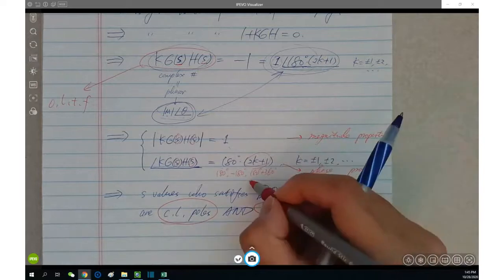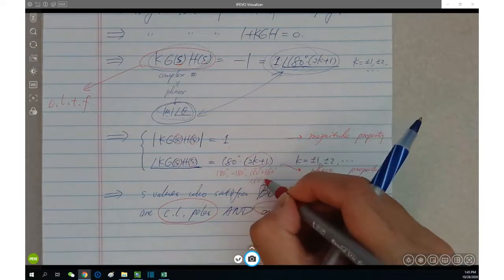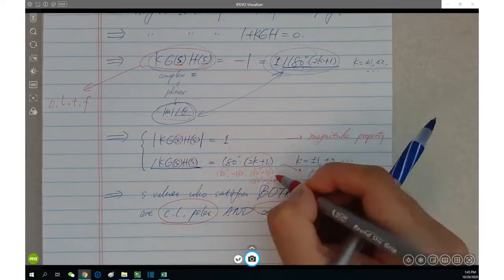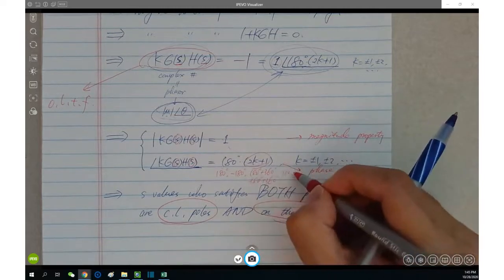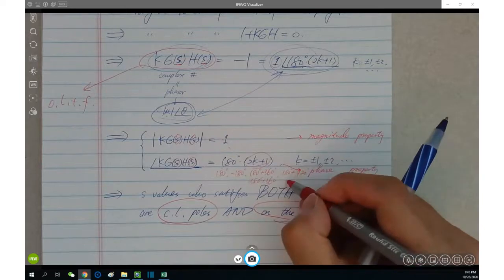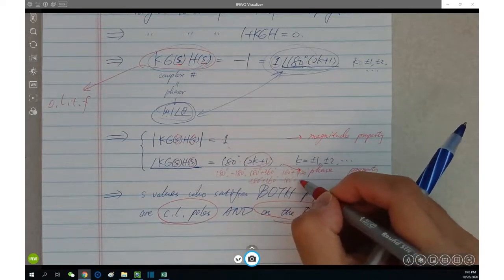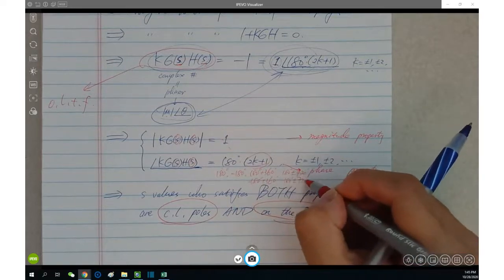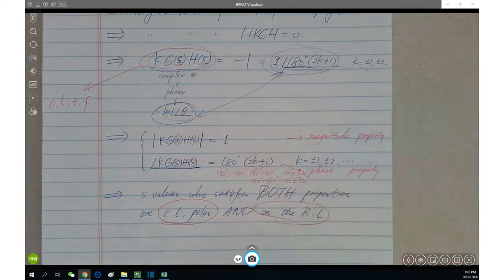And 180 plus maybe 720, 180 plus or minus 720. All of these phase angles are identical, they're the same. So to involve all of them, I'm using this.